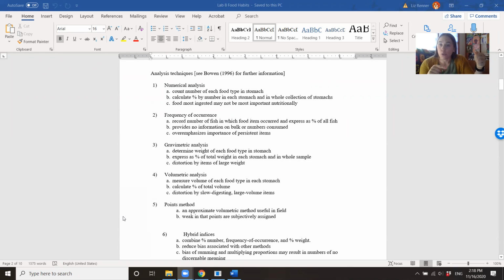And then you can do something like the points method, where you count how many of those 1 millimeter by 1 millimeter grids a particular prey item covers, and that can be used as an approximation of volume or mass, especially if you do that many times with a particular type of prey item.